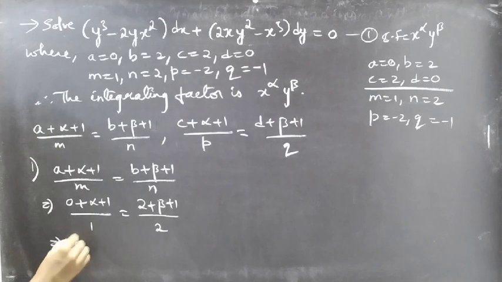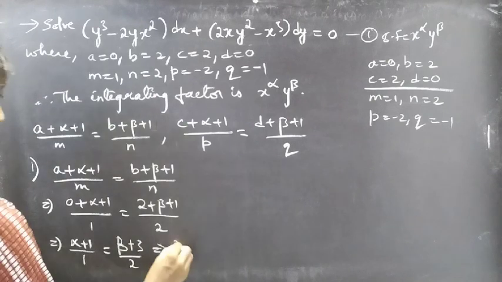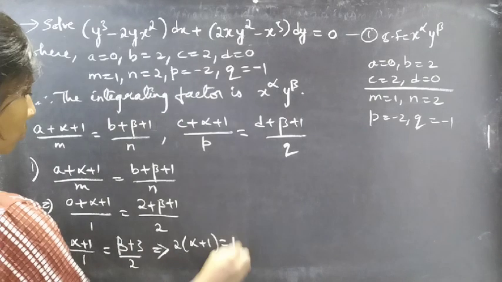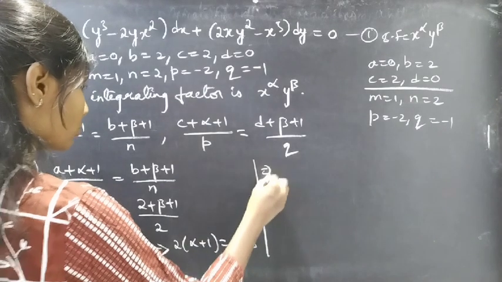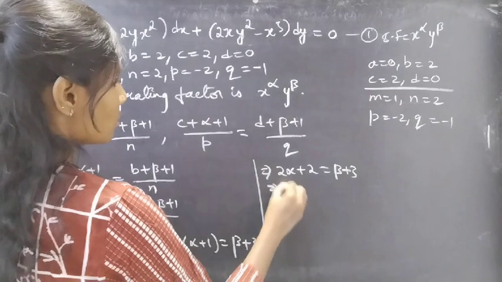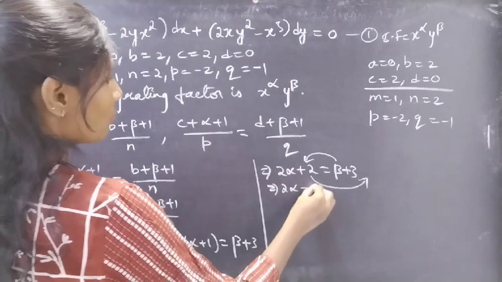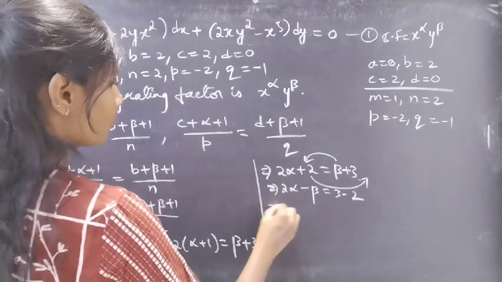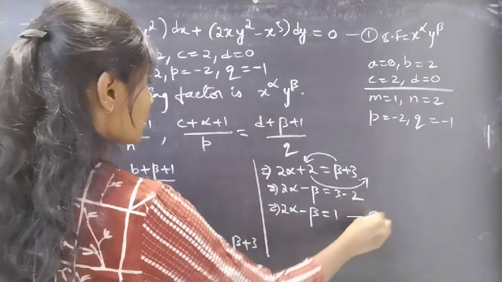This gives us alpha plus 1 equal to beta plus 3 by 2, right, which gives us 2 times alpha plus 1 equal to beta plus 3. From this we'll get 2 alpha plus 2 equal to beta plus 3. Bring this beta to LHS, take this 2 to RHS, you'll get 2 alpha minus beta equal to 3 minus 2, which gives us 2 alpha minus beta equal to 1. Consider it as equation number A.